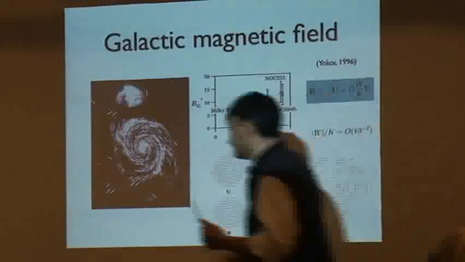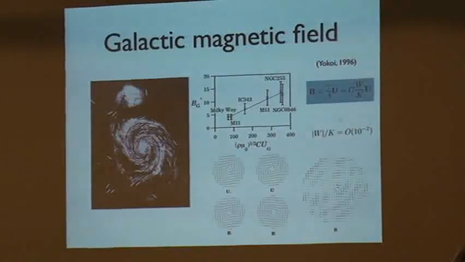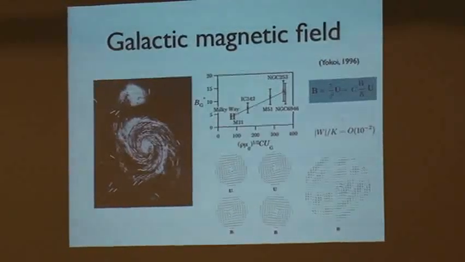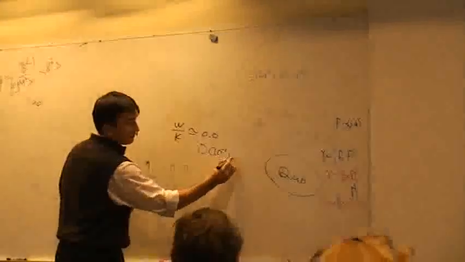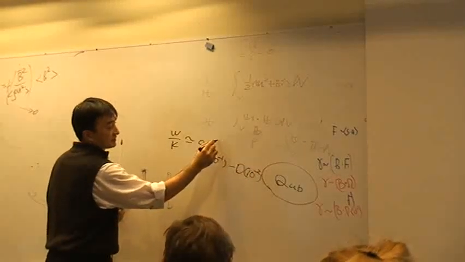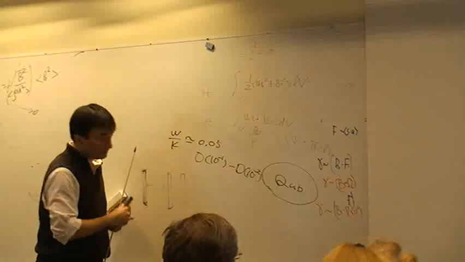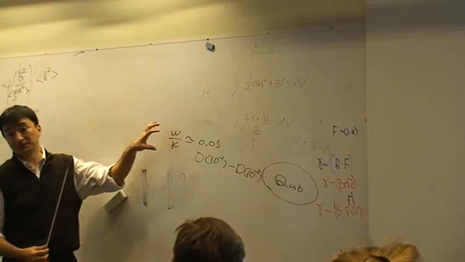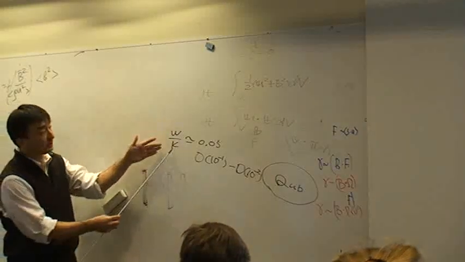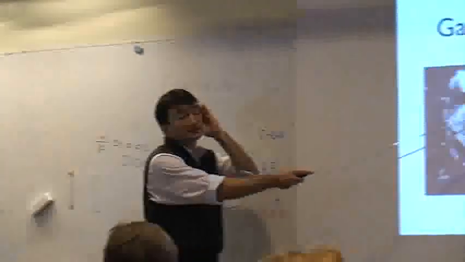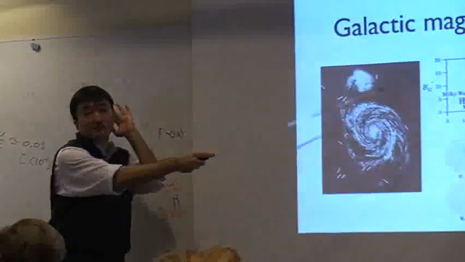So if we have a very small amount of cross correlation normalized by K, then we can explain the intensity of the magnetic field itself.